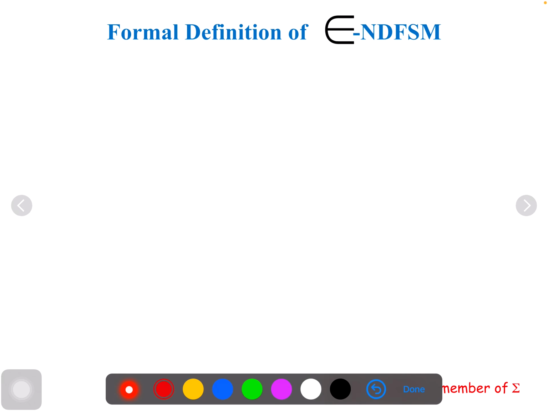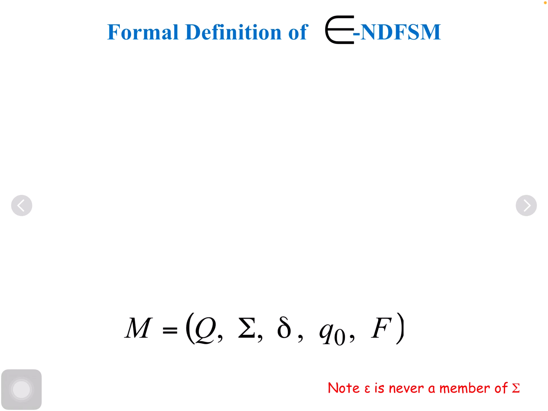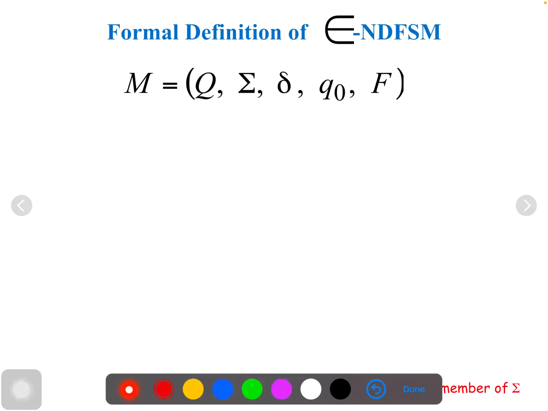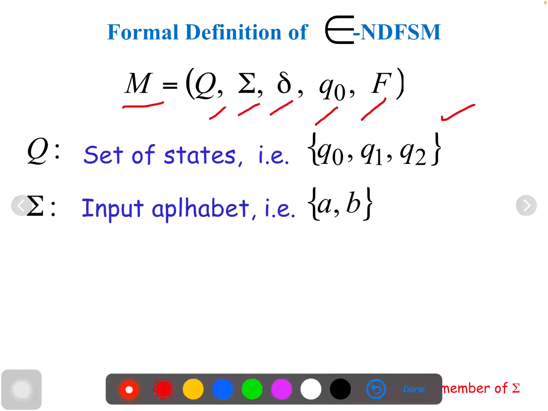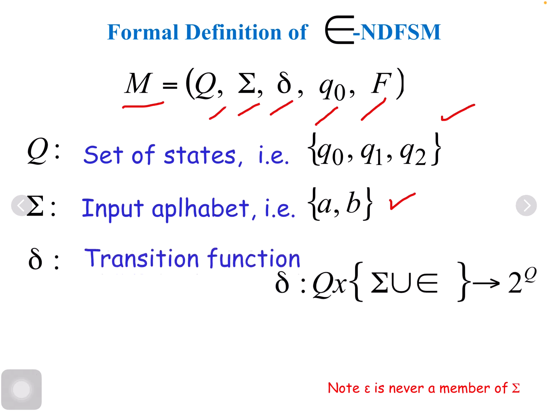Then let us discuss the formal definition of epsilon NFA, which, like a DFA, is defined by 5 tuples denoted by M. M is equal to (Q, sigma, delta, q0, F). Q is a set of states: q0, q1, q2. Sigma is the input alphabet, that is a, b.